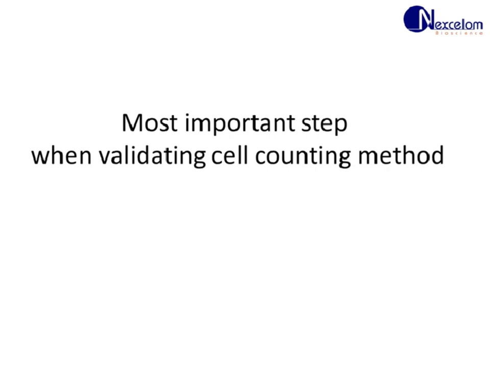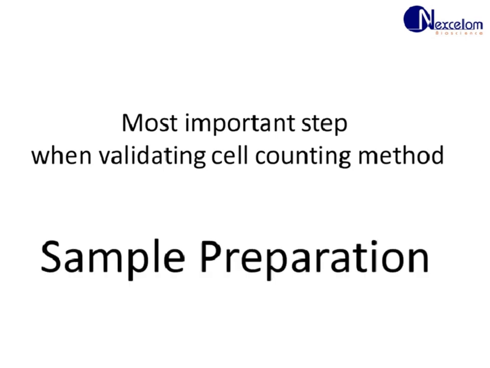So, what is the most important step when validating or qualifying your cell counting method? It is sample preparation. One of the major things that we have discovered over the years working with users is that sample preparation can cause 50% of the error when you're trying to do qualification, such as uniformly pipetting your sample.